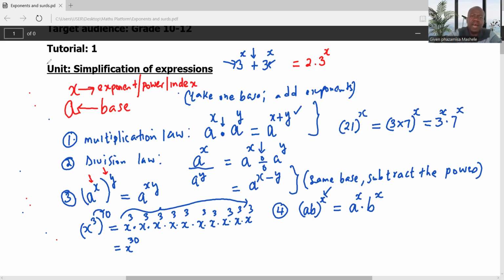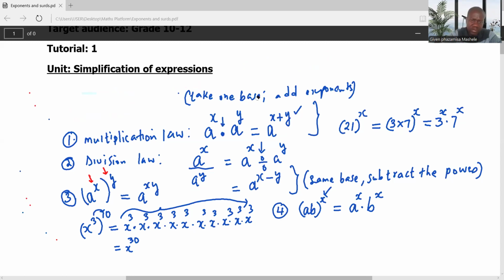Then another one I want to talk about: when we are dealing with negative exponents, how do we resolve cases where our exponent or our power is negative? Before I start talking about the surds, let me call it law number 5, where we're dealing with negative powers.